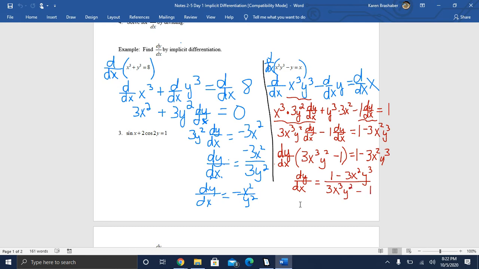So notice that if you had to evaluate this by implicit differentiation, you would not just be able to use an x value, but you would need an ordered pair because you would have to substitute in for both x and y. But don't let the dy dx fool you. The dy dx is still a derivative, and so it's still a formula for finding the slope of a tangent line.